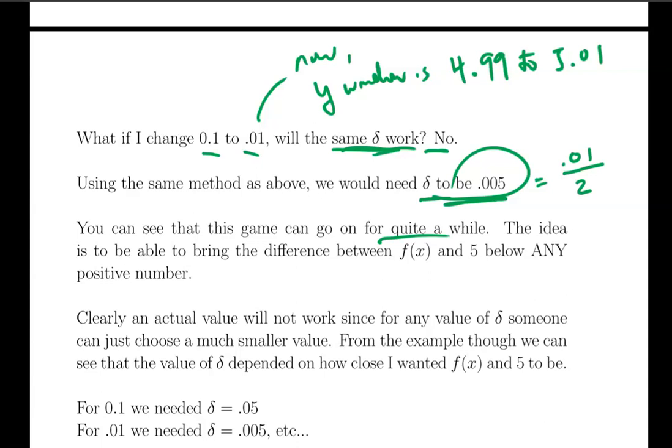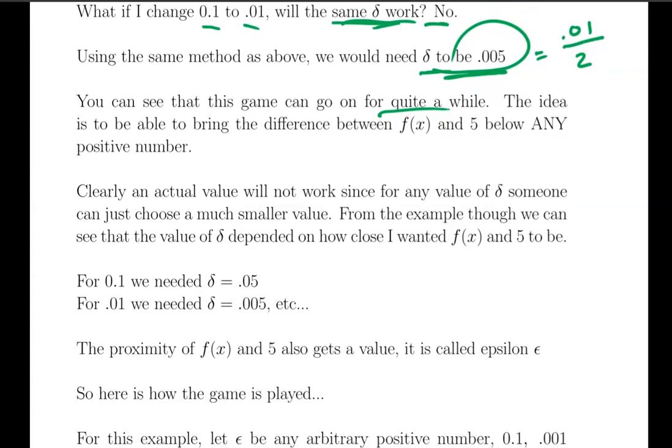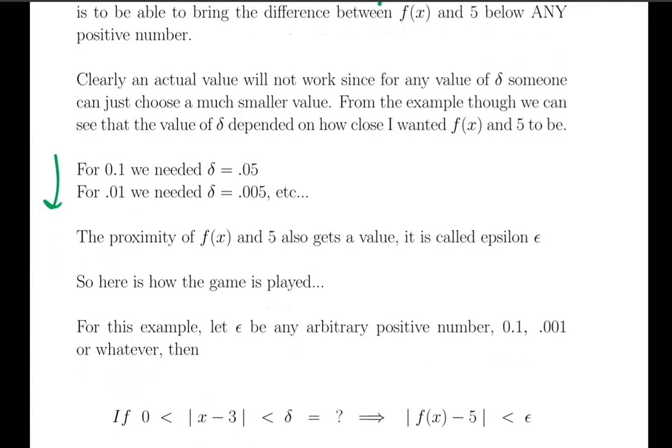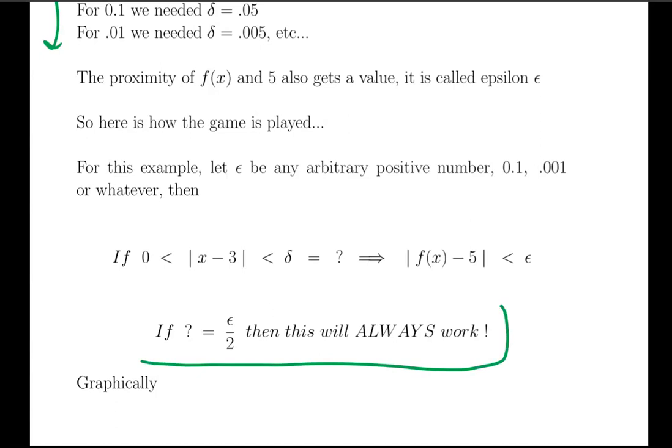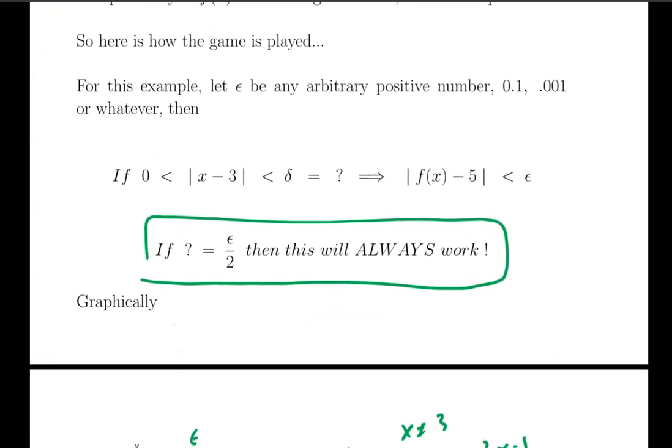This would be the new epsilon divided by 2. So it doesn't matter what is given to you for the y-axis window. As long as you take that number and divide it by 2, you should be okay. Again, this is only for this particular problem, but anyone want to take a guess as to why this will always work?